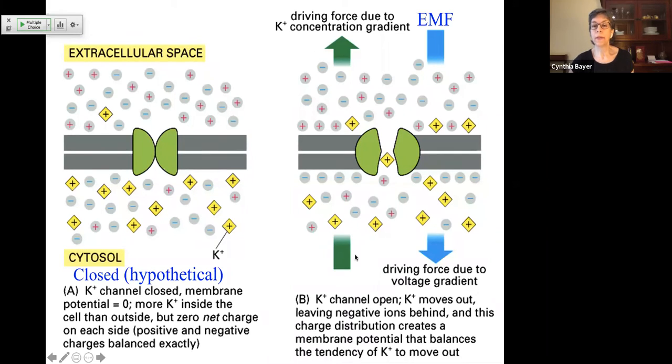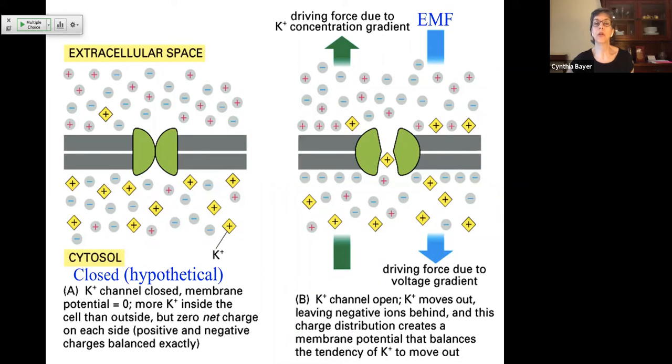While potassium ions want to diffuse out down their concentration gradient, the fact that it would leave behind negative charges means that there is a voltage across the membrane, more negative charges facing the inside of the membrane compared to the positive charges outside, which causes a balance, right?